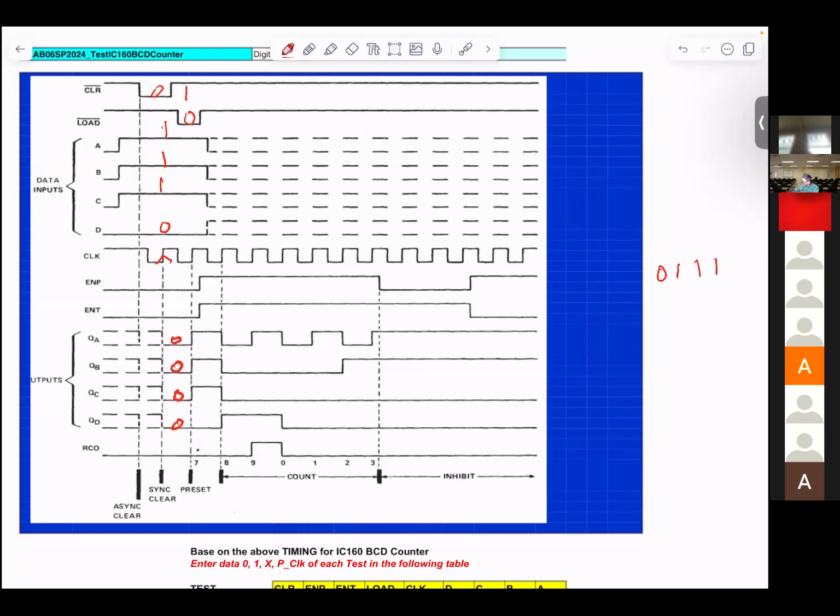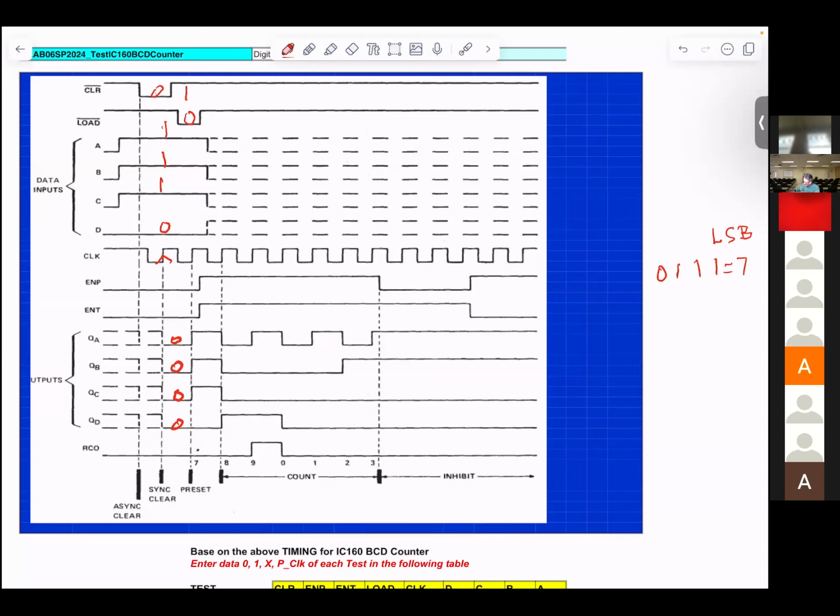You know this is the 7. LSB, least significant bit. That's why A. That is a 7. You want to load number 7.